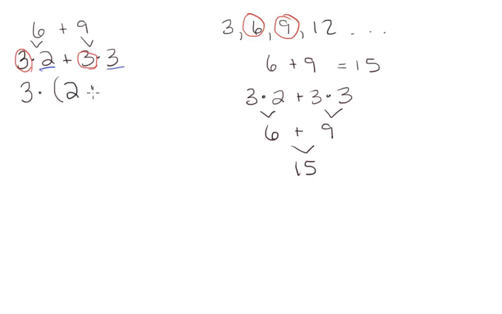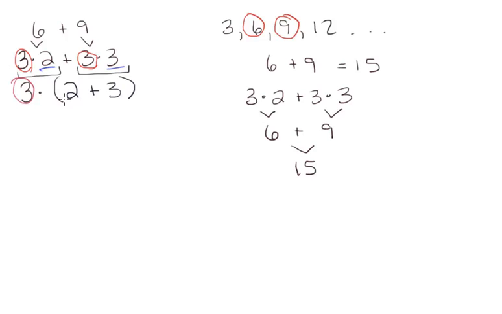What have I done? Well, I've factored out a common factor of 3. In both of these terms, I'm multiplying a number by 3. So 3 is my common factor, which I can factor out of my expression.